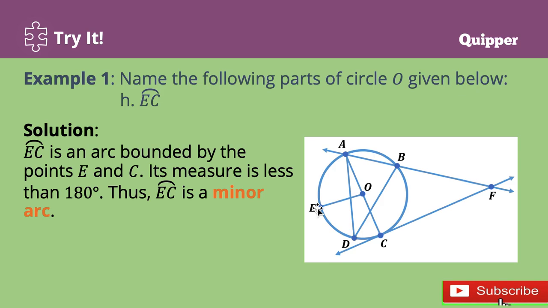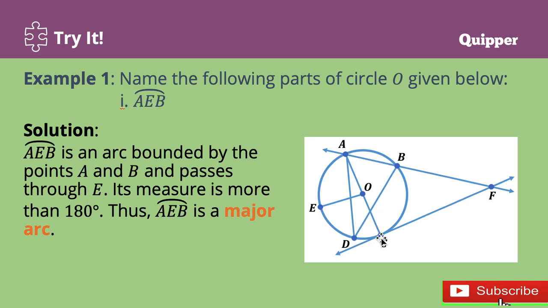Letter H. Arc AC. Arc AC is an arc bounded by the points E and C. Its measure is less than 180 degrees. Therefore, arc AC is a minor arc. Letter I. Arc AEB.